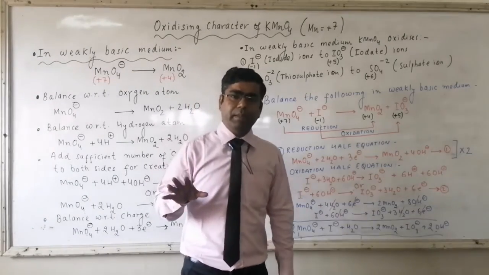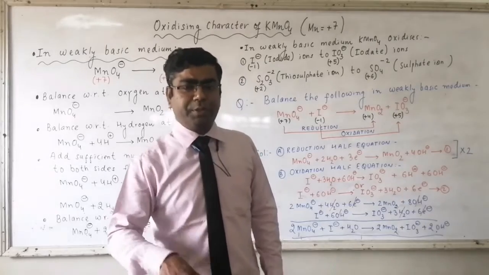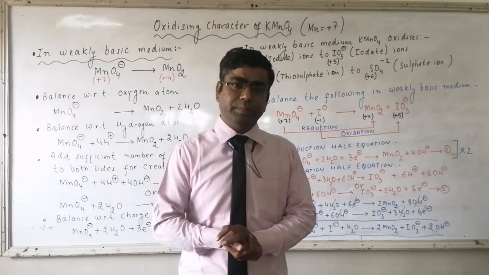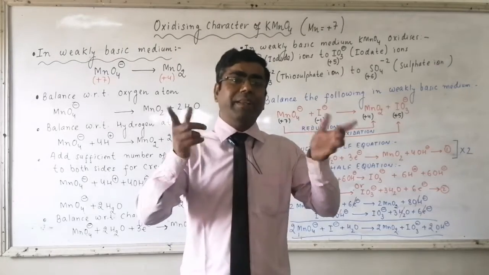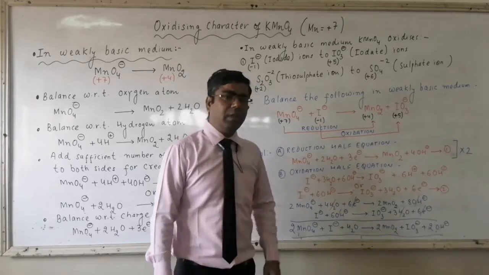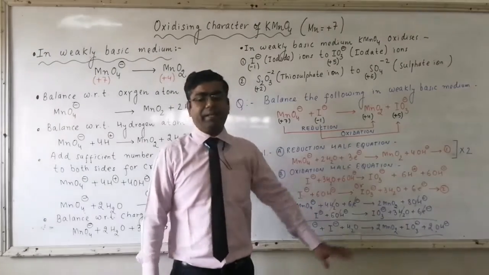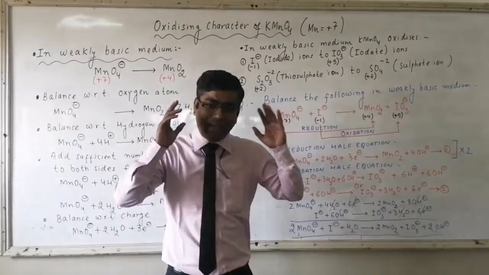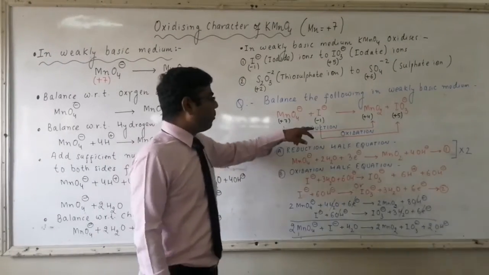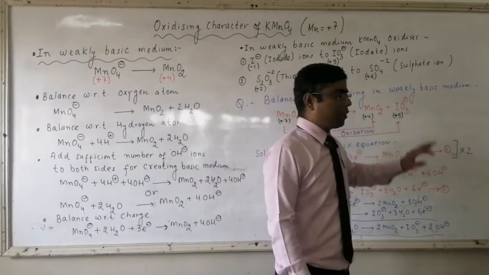Now the last step. Balance with respect to charge. We have to add electrons. But on which side will we add the electrons? Because this half equation is the oxidation half equation, electrons will be added on the product side. And how many electrons will be added is decided by the change in oxidation state. The -1 state gets converted to +5.